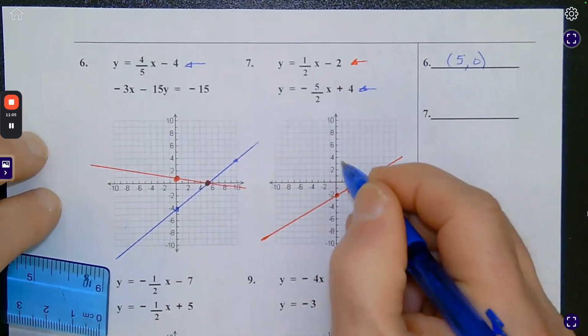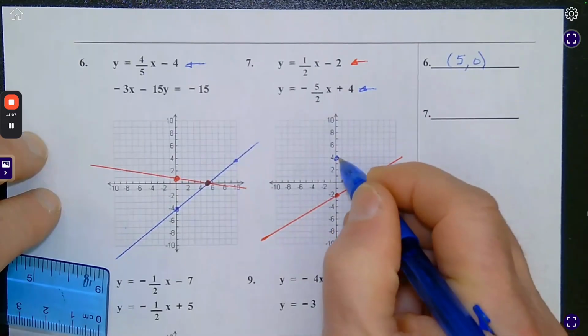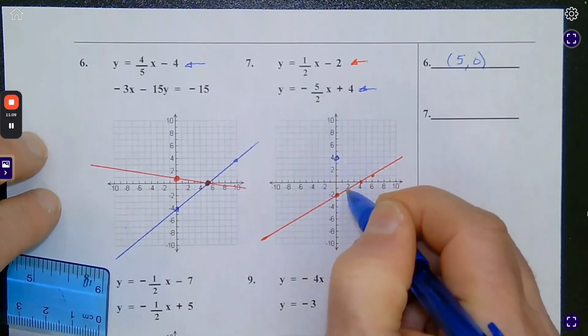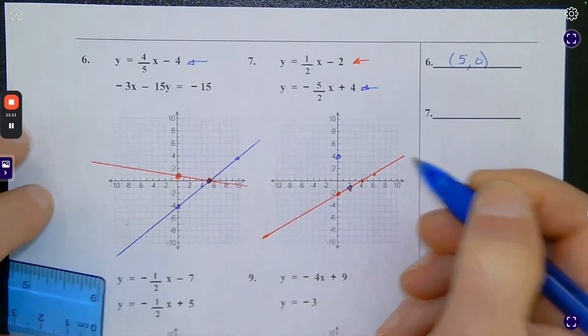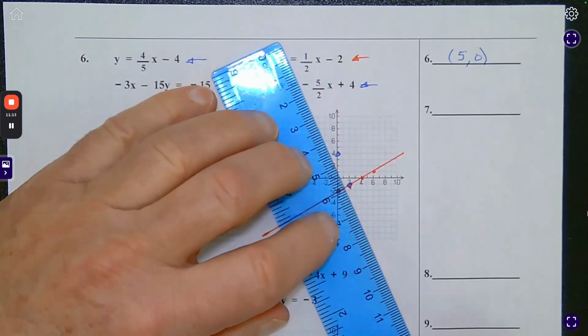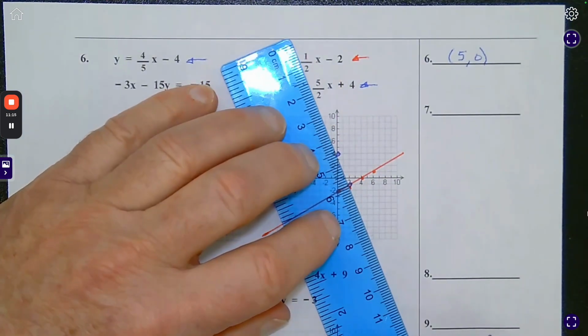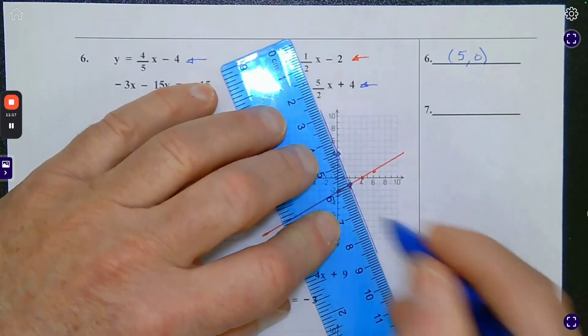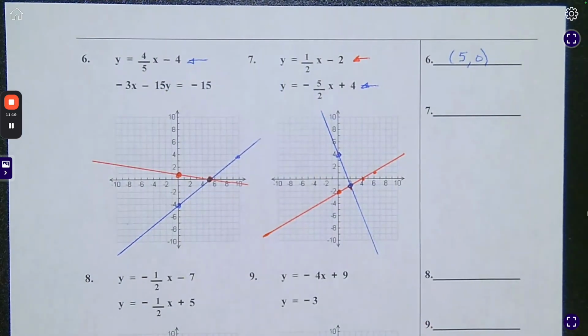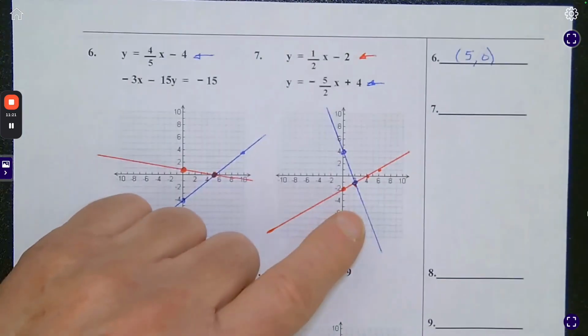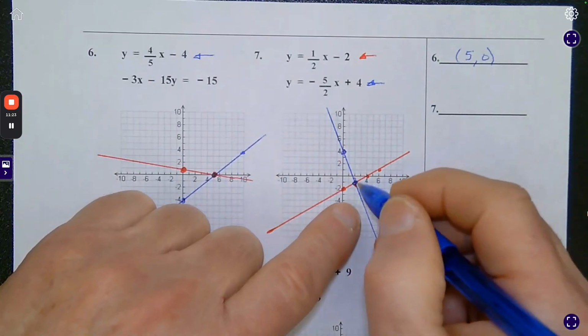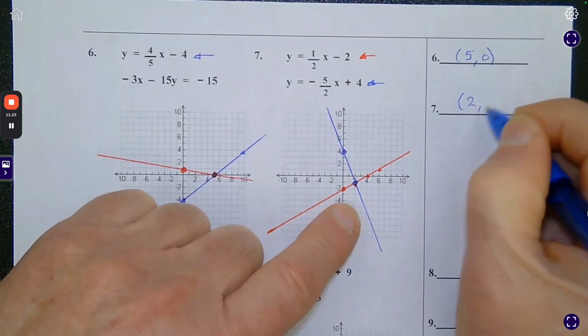That has a y-intercept of 4. And I go down 5, over 2. Ooh, it landed on that line again. I'm loving that. That makes it so much easier when you land right on the other line. So that solution looks like a 2, negative 1.